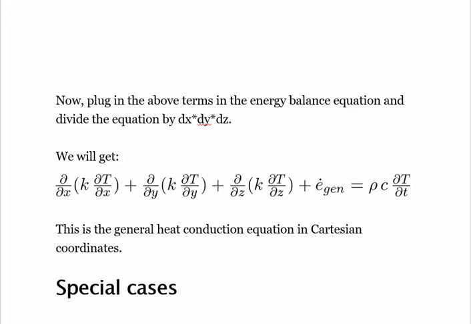This is for the x, y and z directions respectively, plus the heat generated in the body or system. Adding all the components of the equation, the summation of all these directions and the heat generated will be equal to rho c ∂T/∂t.